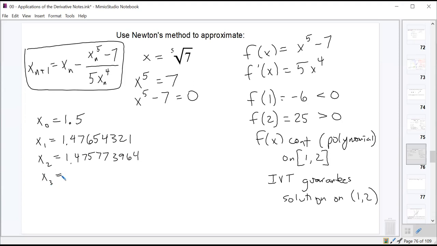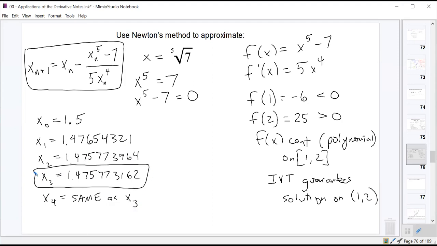X sub 3 was 1.47573162. And x sub 4 was the same as x sub 3. And we can call this the best approximation of the 5th root of 7 that we'll be able to get.